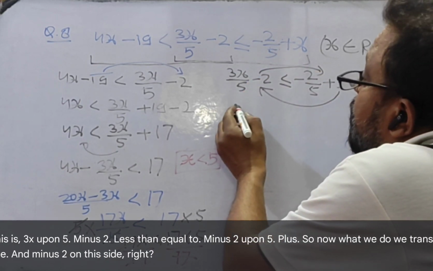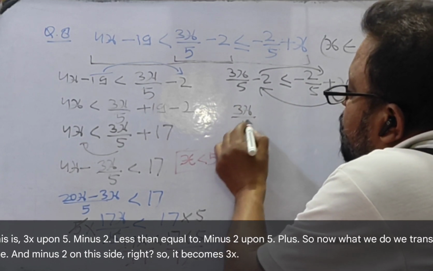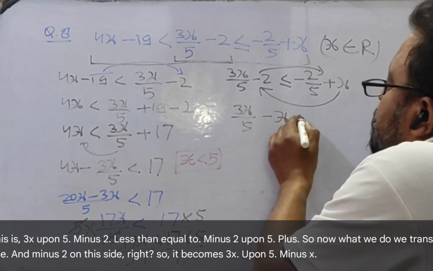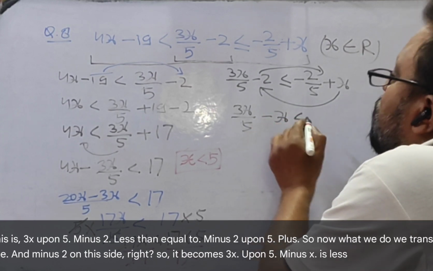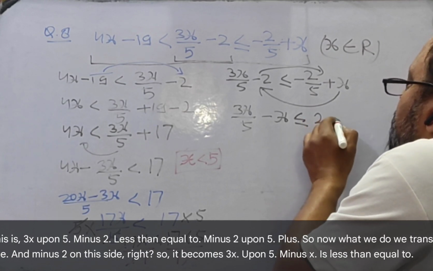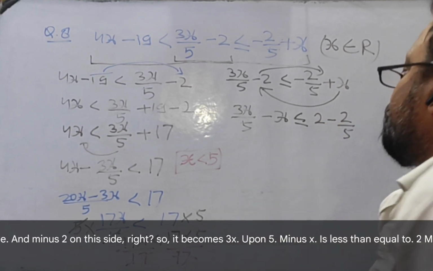So it becomes 3x upon 5 minus x is less than or equal to 2 minus 2 upon 5, right?